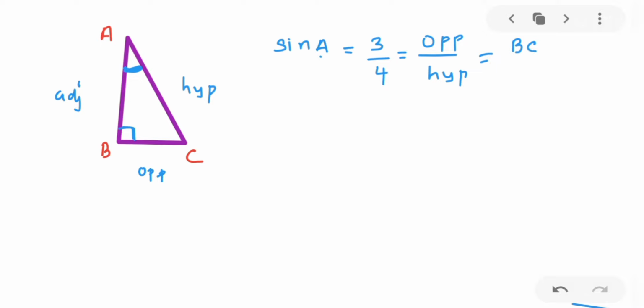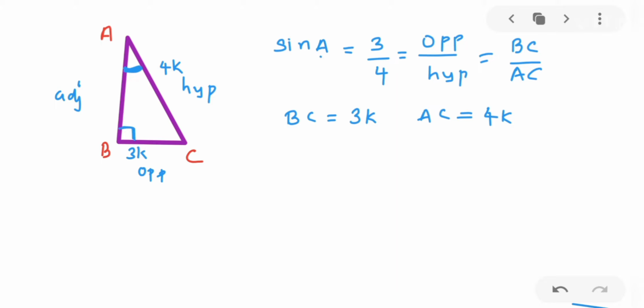Now we'll take BC as 3K and AC as 4K because it's in ratio. So let the opposite side BC be 3K and the hypotenuse AC be 4K.